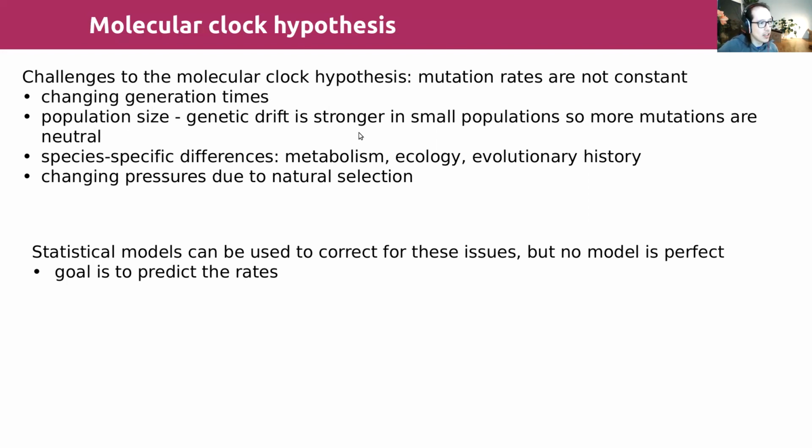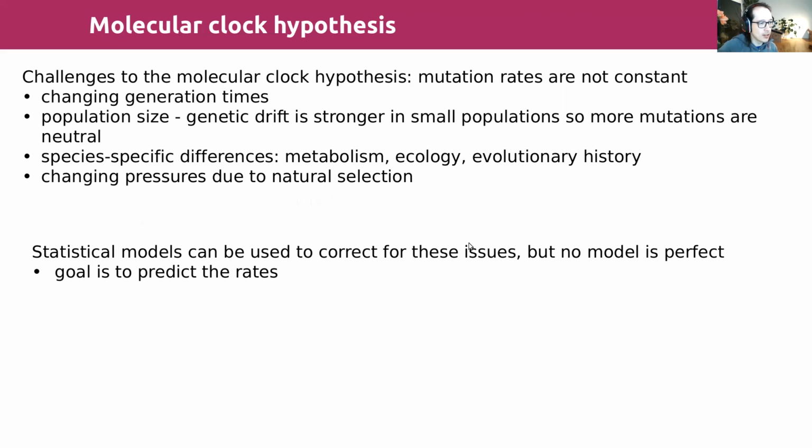Population size and genetic drift matter too: in small populations, more mutations are neutral. Species-to-species differences, things like metabolism, ecology, and evolutionary history, can influence mutation rates. And changing selective pressures, like climate change, for example, can distort the molecular clock.